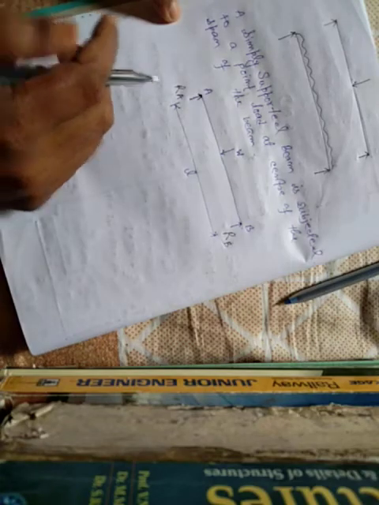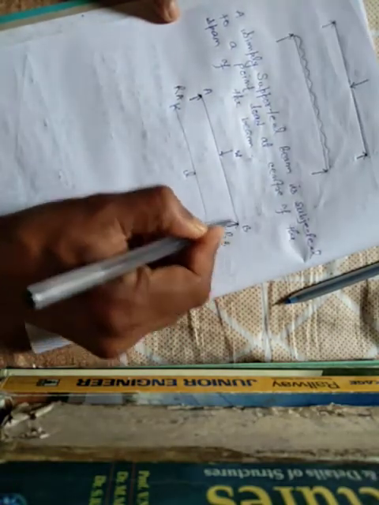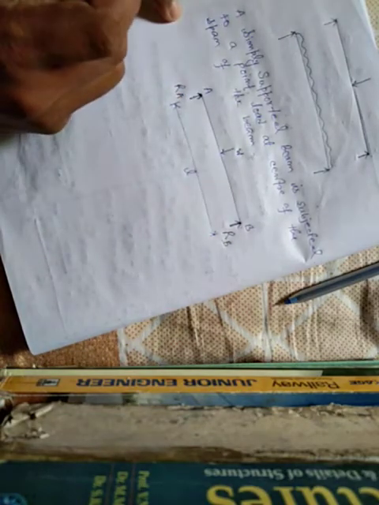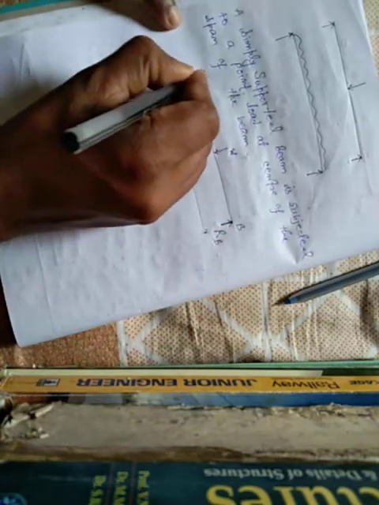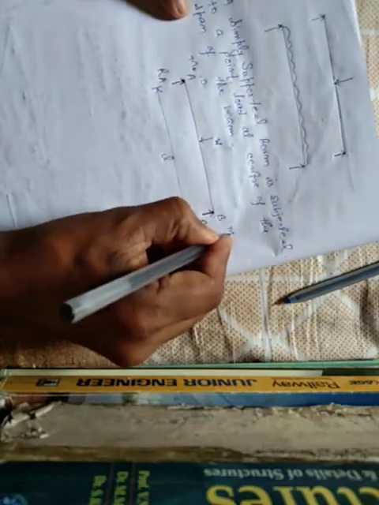Now how to find out the reaction? Consider at any point bending moment is 0. Obviously in case of simply supported beam, moment at a support is 0. So moment at point A is 0 and moment at point B also 0.